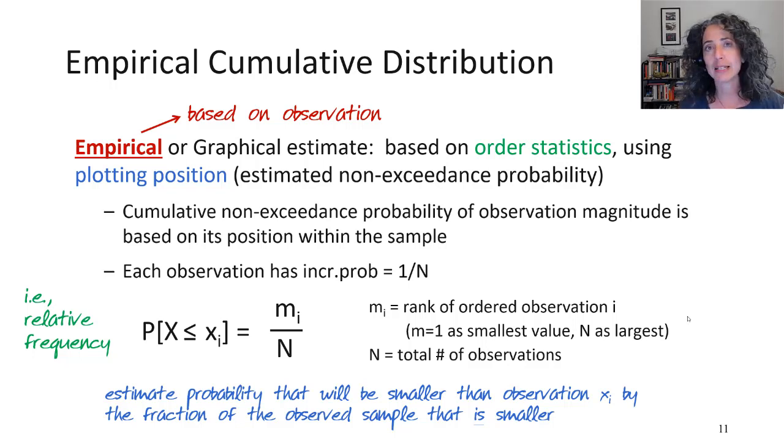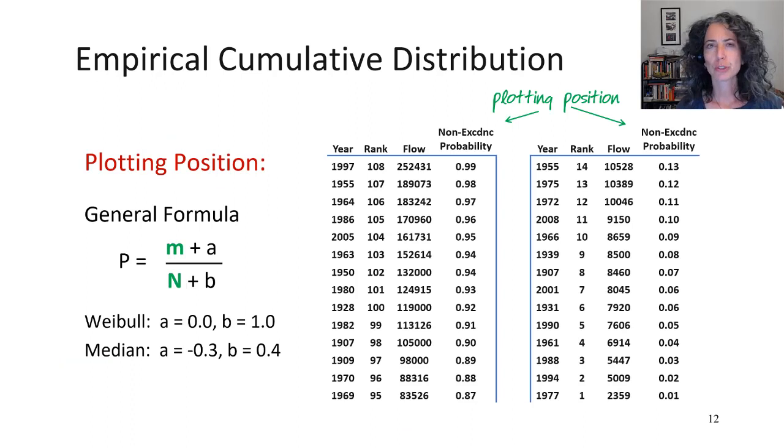The rank is the count of observations that are less than or equal to, so M, rank, over N, sample size, is our estimate of the probability of being less than the sample member with that rank. So quick reminder, the plotting position is not quite as simple as rank over sample size, because either the largest or smallest value will have a rank of N, and we'll get N over N equals 1, which is not a good probability estimate.